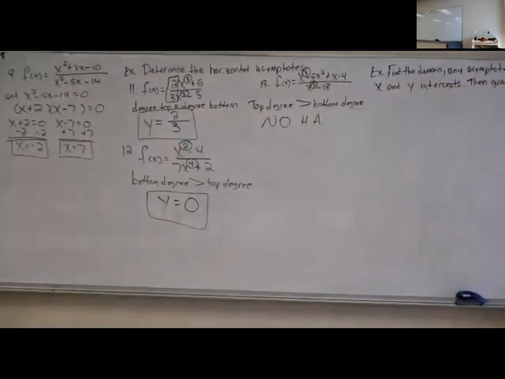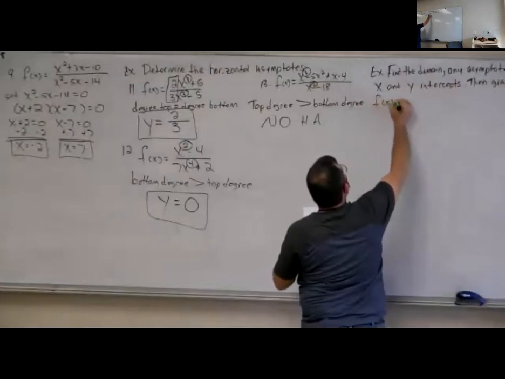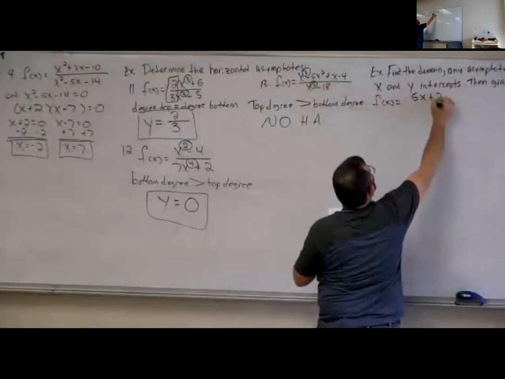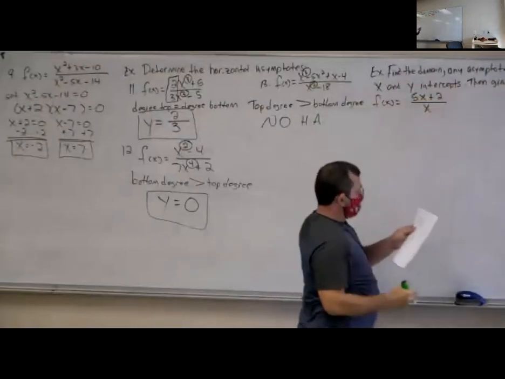Oh, I guess I need the function. The function is f of x equals 5x plus 2 all over x.